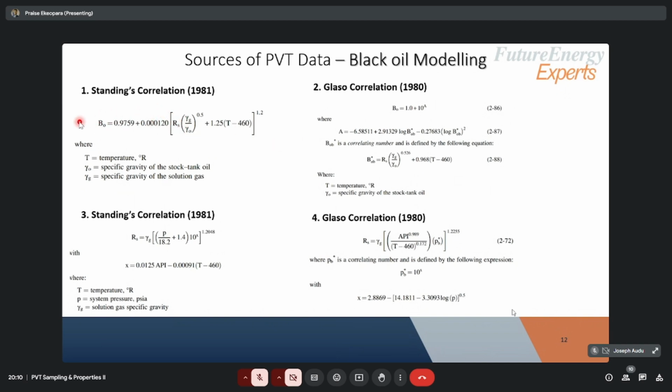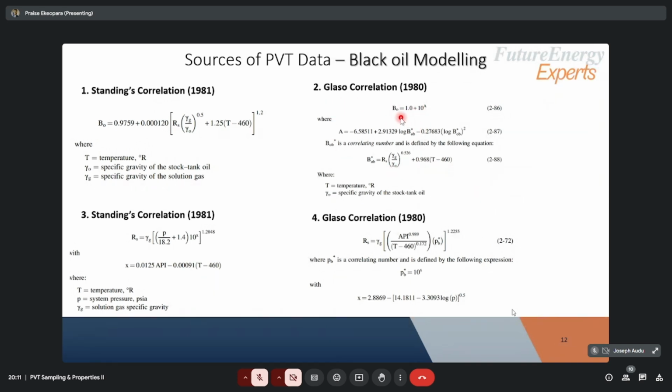We have many of them. We have Standing, we have Glaso, we have Vasquez, we have Petrosky, we have Marhoun and the likes. Too many of them. So for BO values, you can see some sample of what the correlation looks like. Don't mind how it's looking. All of them are simple for you to understand, right? Then you are seeing the Glaso correlation.